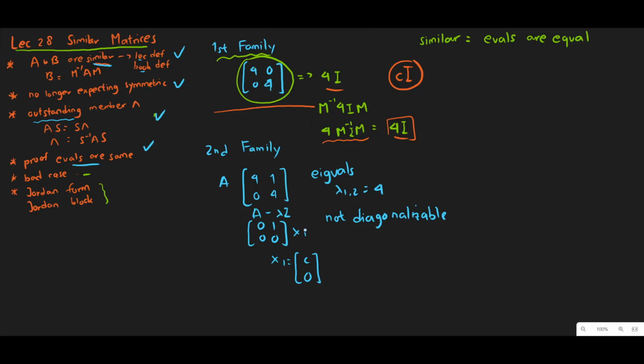Okay, not diagonalizable matrix. And what else? You have repeated eigenvalues. Okay, not diagonalizable, and actually that's it.